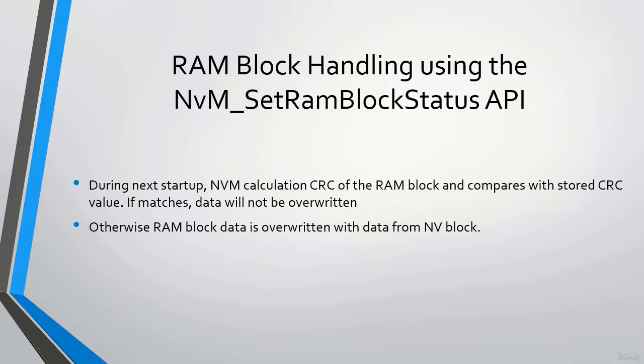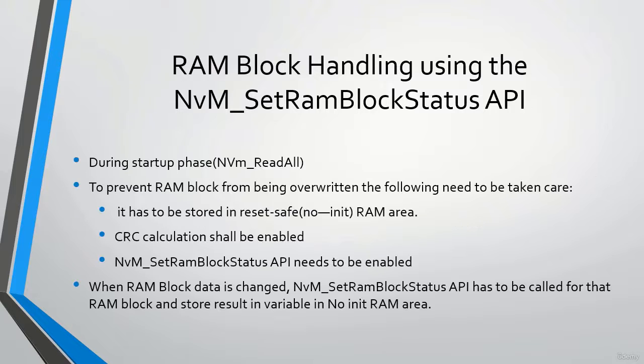So this is how we are using RAM block handling with the NvM_SetRamBlockStatus API during the startup phase. What are the initial conditions we need to check? The three conditions are the storage of this value in the reset safe area, enabling the CRC calculation, and finally enabling this API to be used.